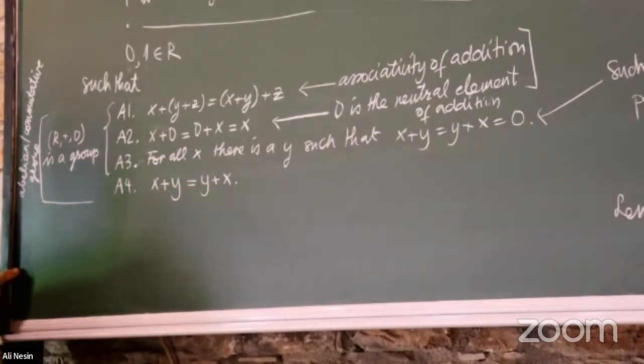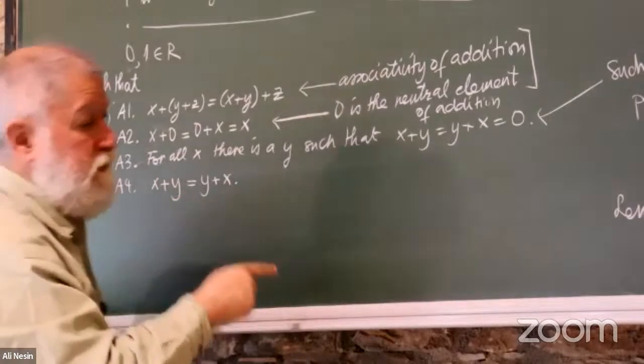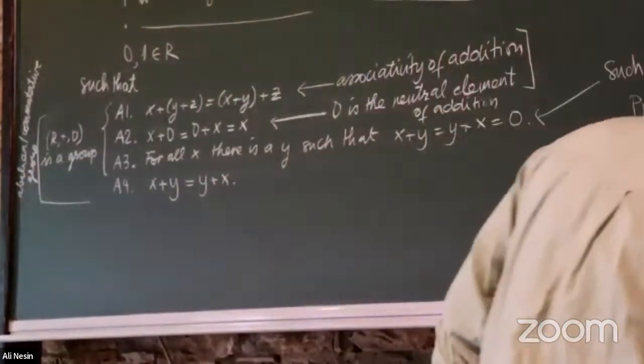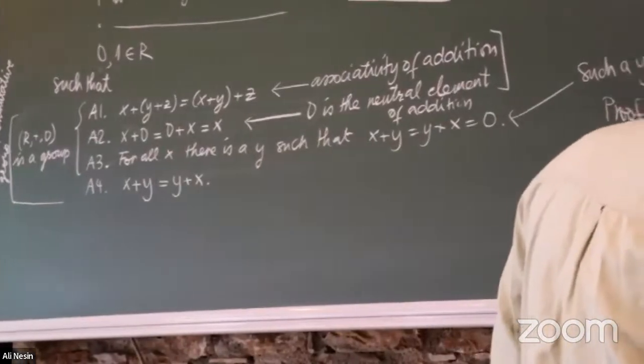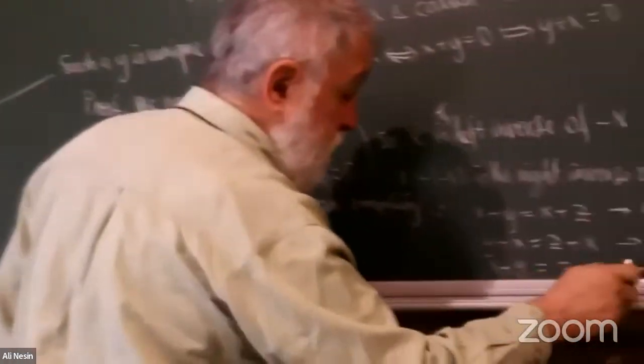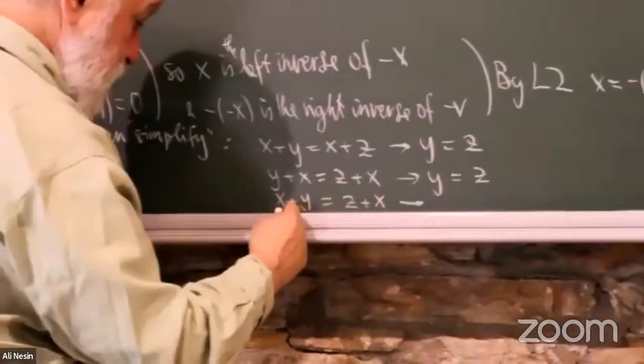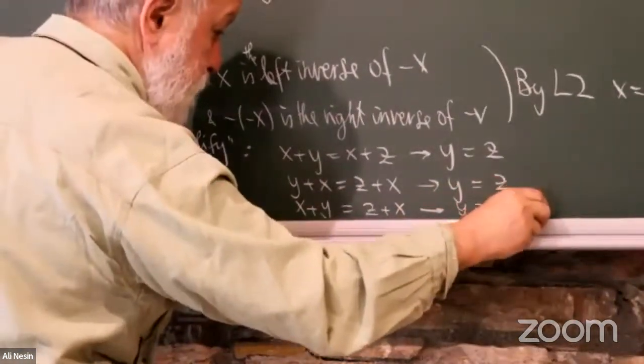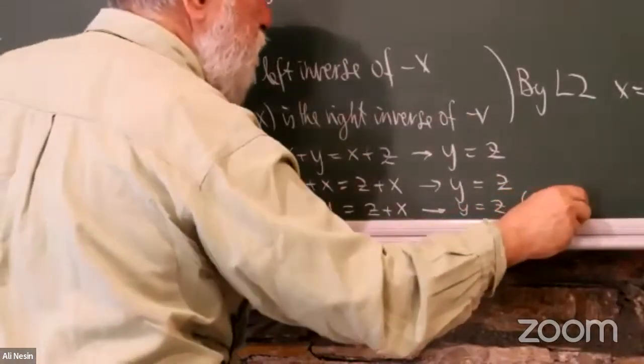Okay. So in a commutative group, since Z plus X is equal to X plus Z, you can simplify, Y equal to Z.